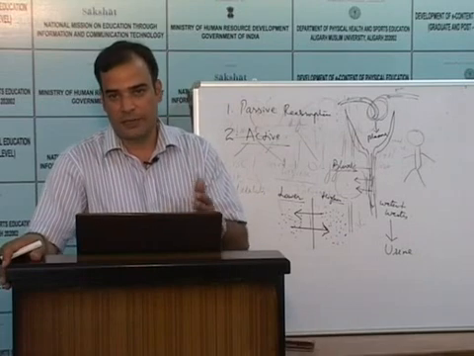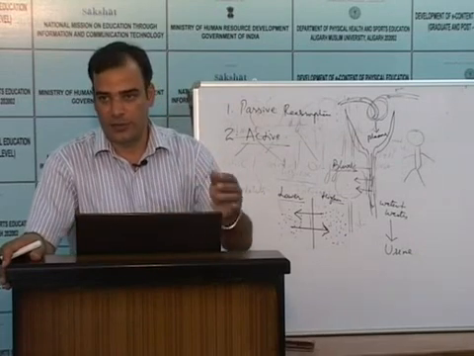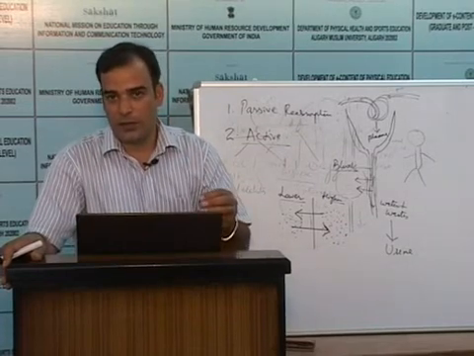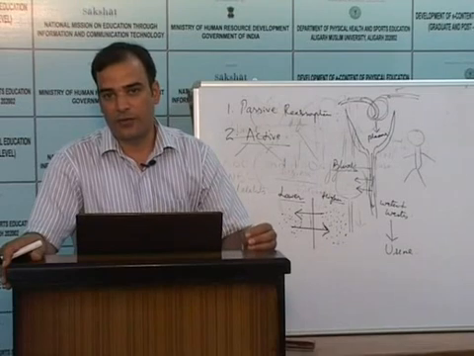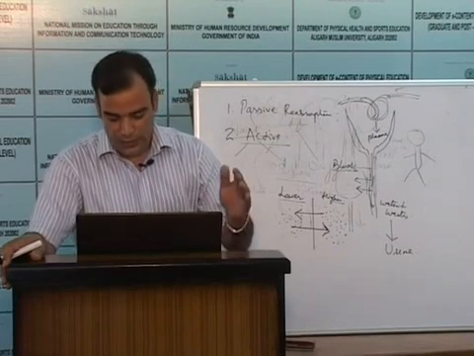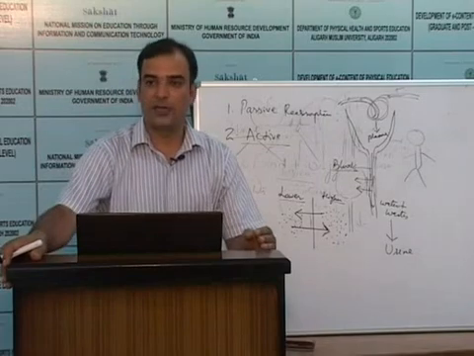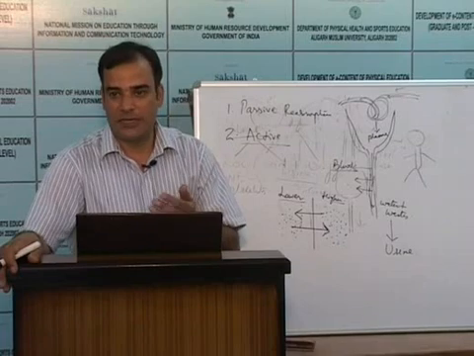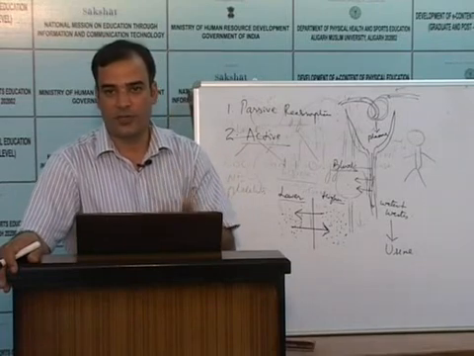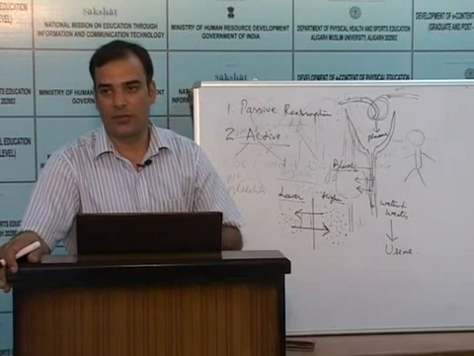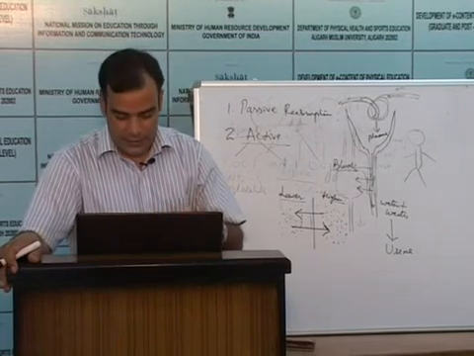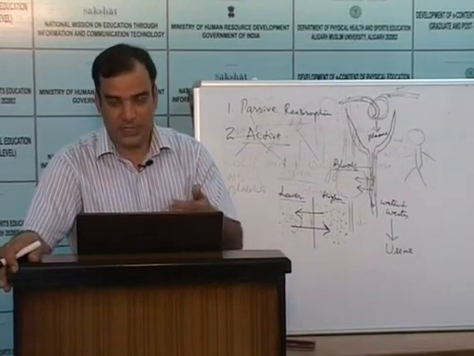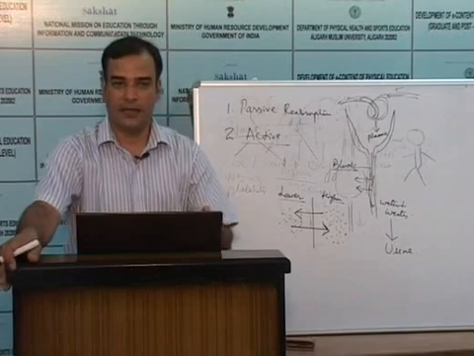Most of the reabsorption takes place in the proximal convoluted tubule. Glucose and amino acids are reabsorbed completely in the proximal convoluted tubule. However, certain other substances, for example water, are reabsorbed both in the PCT and DCT, that is proximal convoluted tubule and distal convoluted tubule. Sodium is reabsorbed from all the portions, that is PCT, loop of Henle and distal convoluted tubule.